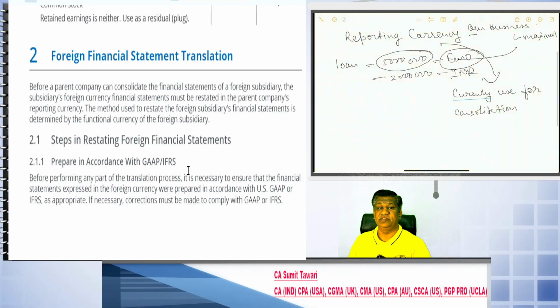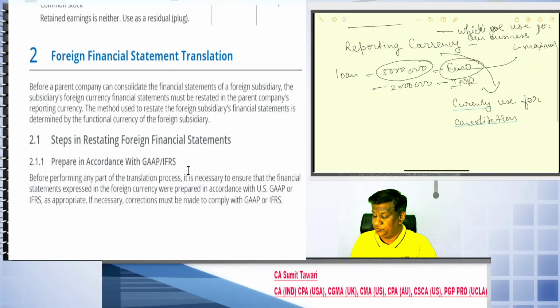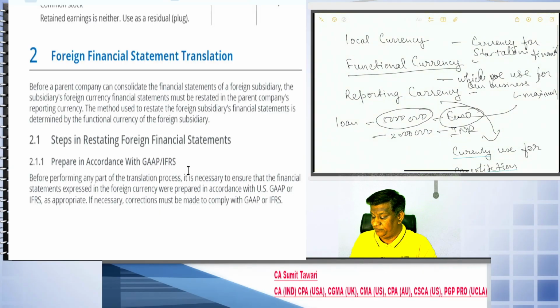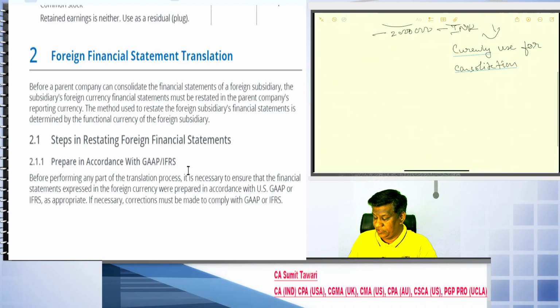So these three currencies you need to keep in mind: local, functional, and reporting. When we transfer the financials from local to functional, what we do here is remeasurement.